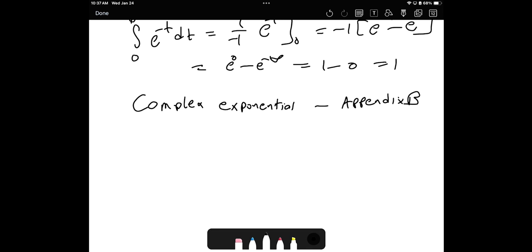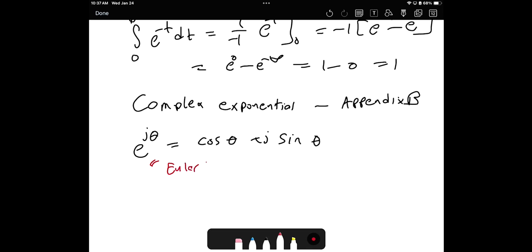Let's recall from calculus 2 the polar form and the rectangular form, and also from circuit analysis. We already discussed the polar form. So, e power j theta. Do you know the Euler formula? e power j theta equals cosine theta plus j sine theta. This is called the Euler equation.